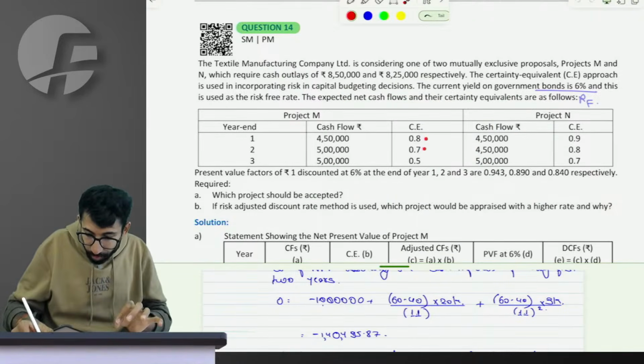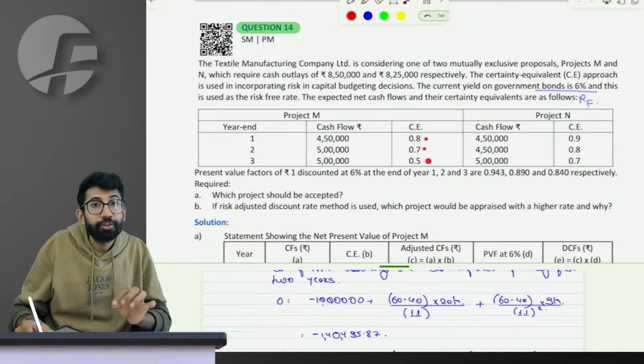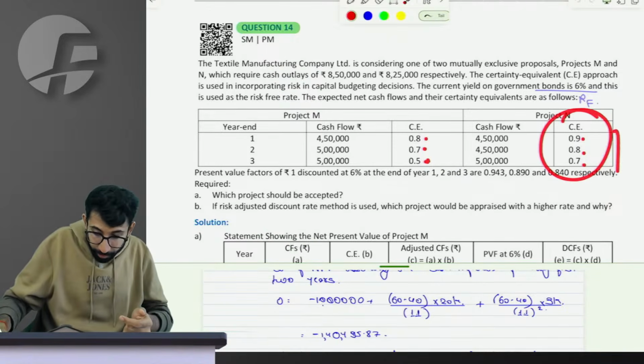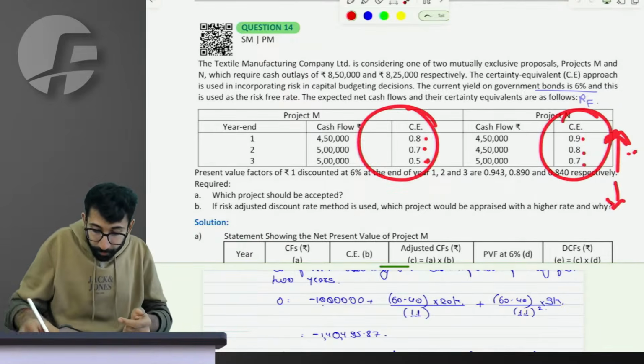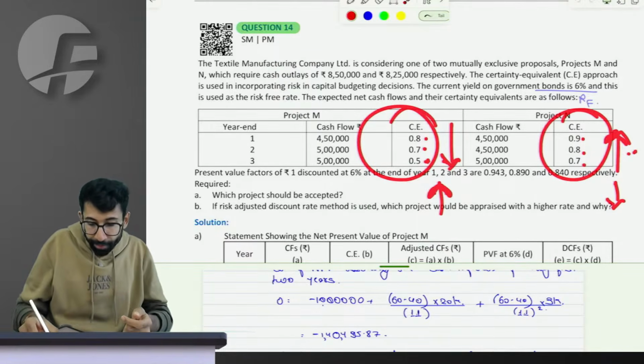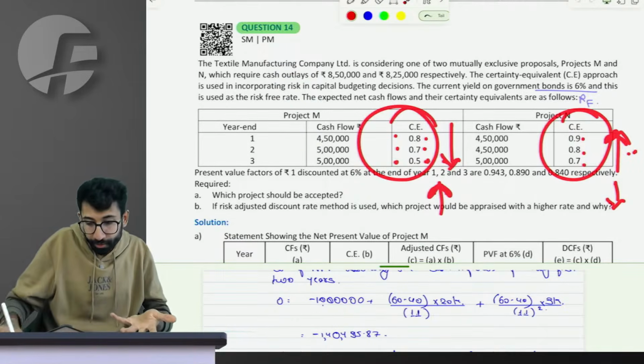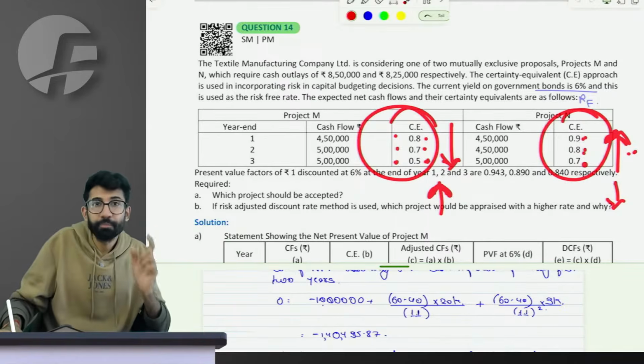One has certainty equivalent coefficients of 0.8, 0.7, 0.5, the other has 0.9, 0.8, 0.7, which means these cash flows are more certain, less risky. The other cash flows are less certain, more risky. 0.8, 0.7, 0.5 is a lower level of confidence, lower level of certainty as compared to 0.9, 0.8, 0.7.